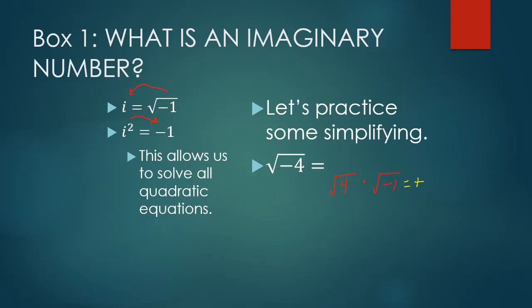Not just 2, but plus or minus 2, right? And what did it say? If you see the square root of negative 1, it becomes an i. Bam! You just did an imaginary number. And you survived. So it's plus or minus 2i.